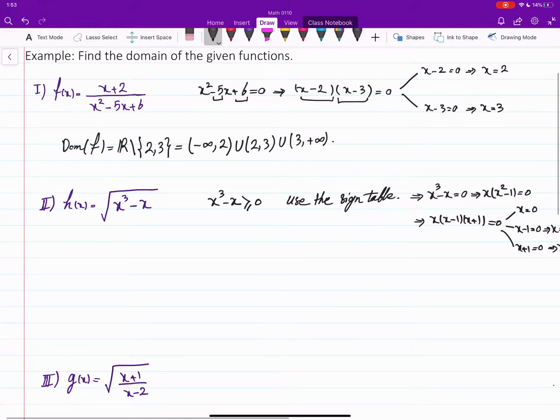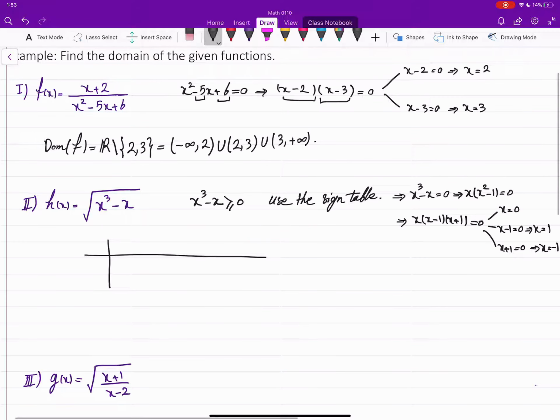So we found the values which make x cubed minus x equal to 0. What are these numbers? -1, 0, 1. Let me put them in the right order here; these are values for x, starting from -infinity up to plus infinity.